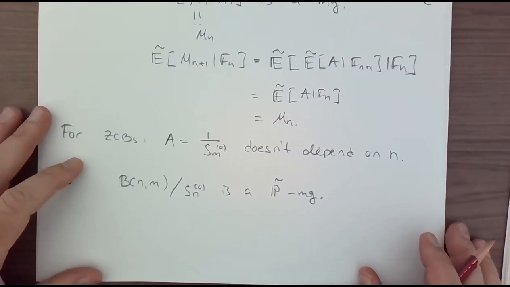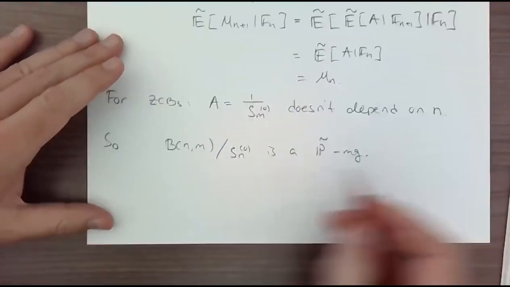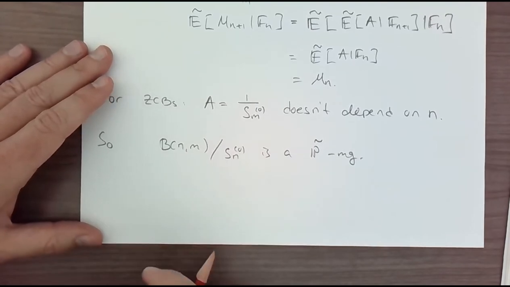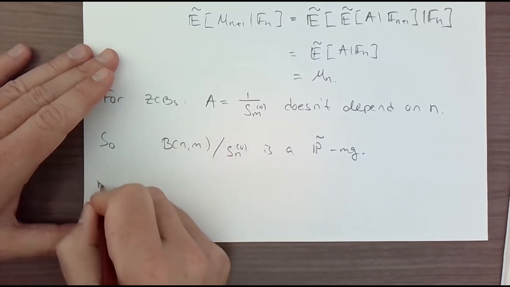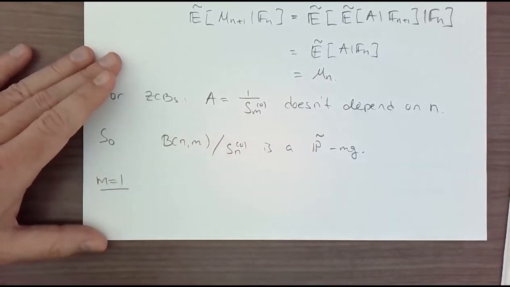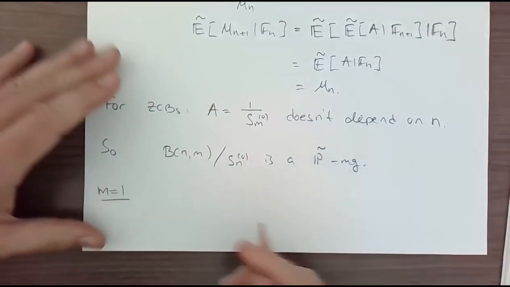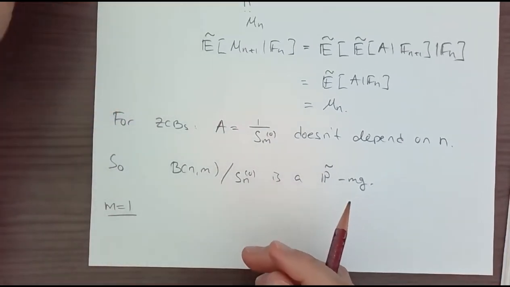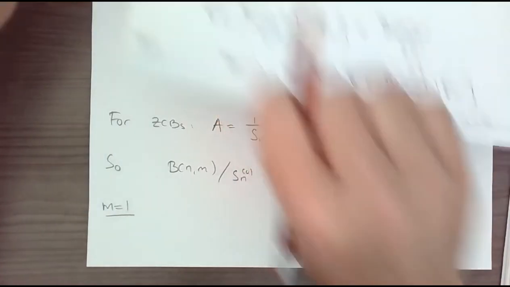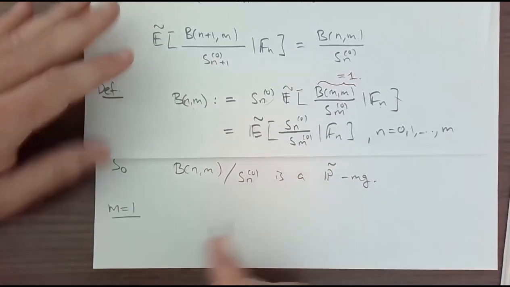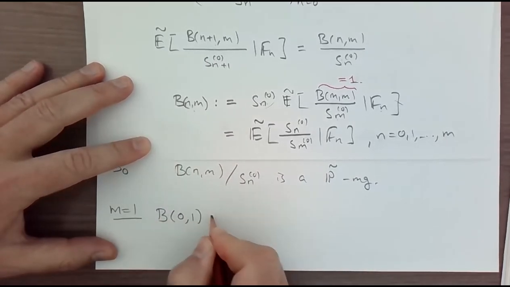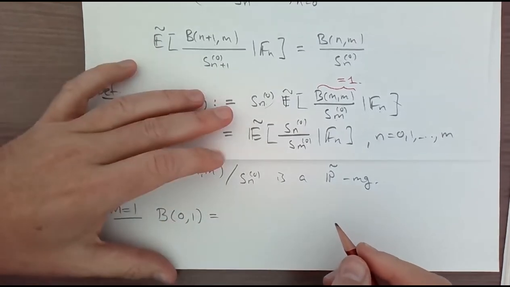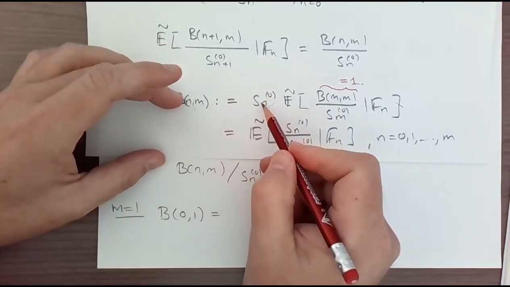If I look at B, if I take M to be 1, so a zero coupon bond that just expires in the next period, then what are we getting? In that case, B01, according to the formula, is a 1.